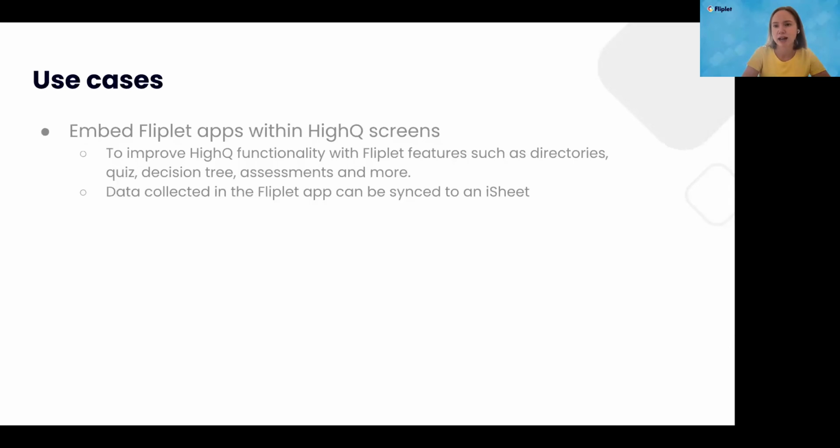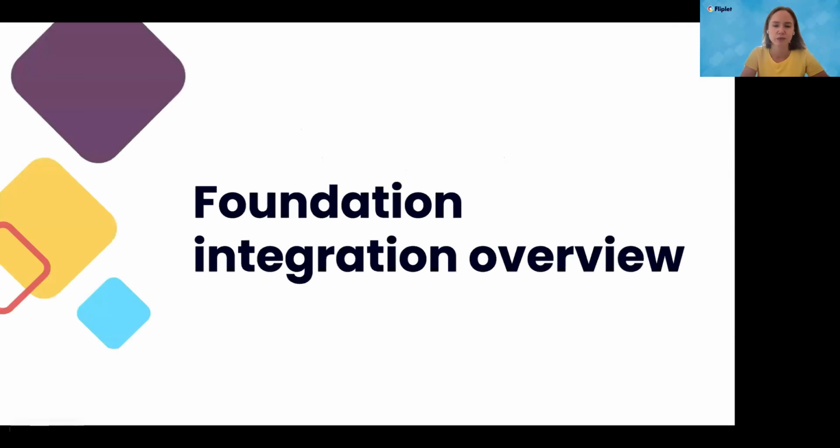This means that you can add functionality such as quizzes, decision trees, assessments. All of the interactive and engaging components that we have in Fliplet can be used in HighQ sites. It also means that if you're using a form within that embedded screen, that gets collected by the app and then synced to iSheets. So again, you have it all in one place.